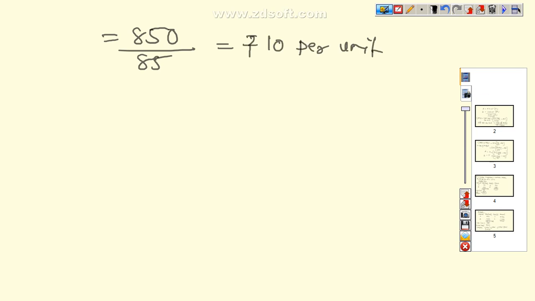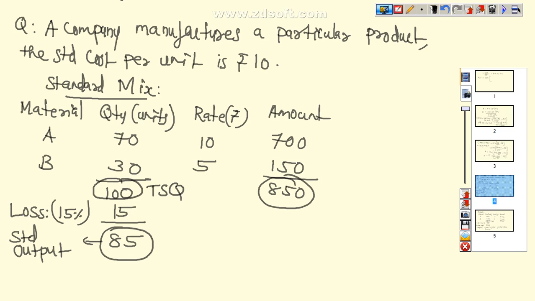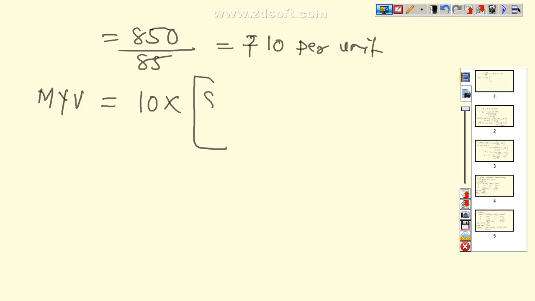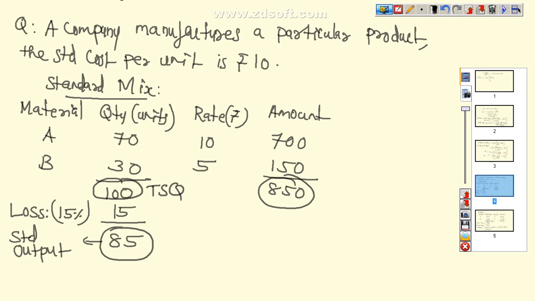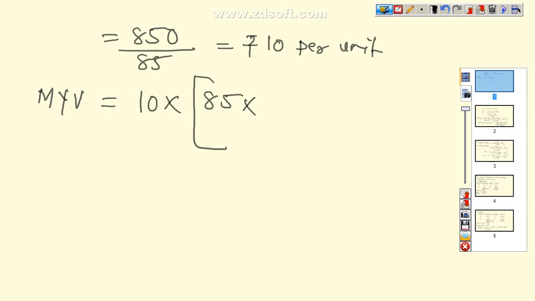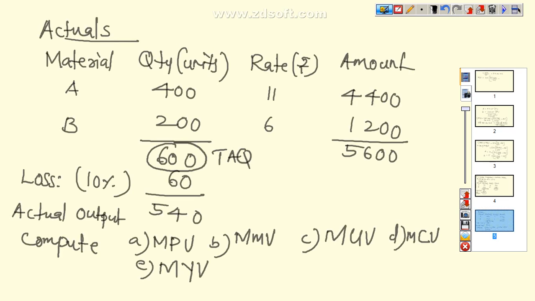After this we have to apply the formula in material yield variance, that is equal to standard cost per unit multiplied by standard output, given in the question, that is 85. So 85 multiplied by total actual quantity 600 upon total standard quantity 100 minus actual output, given in the question, that is equal to 540.